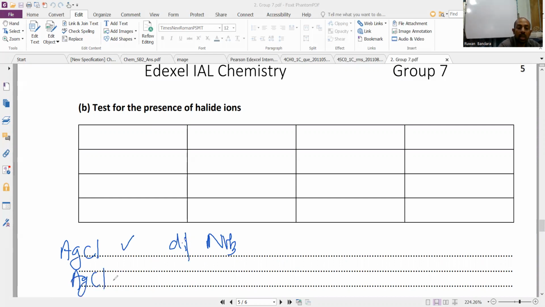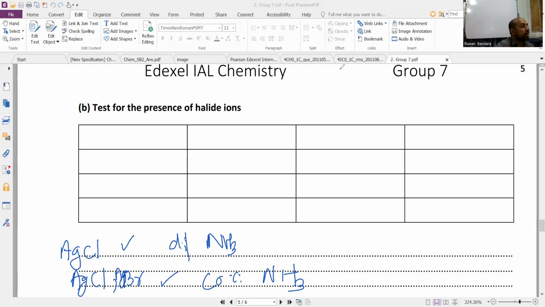AgCl and AgBr are both soluble in concentrated ammonia. Silver iodide, AgI, is not dissolved in any. Silver iodide will not dissolve. Simple. It won't dissolve in ammonia at all.